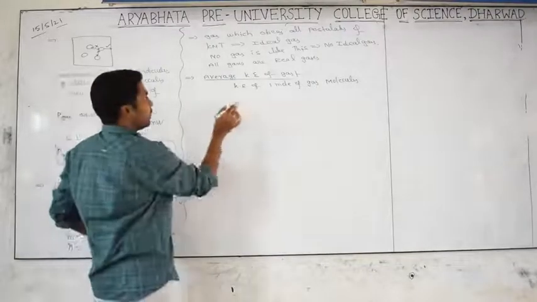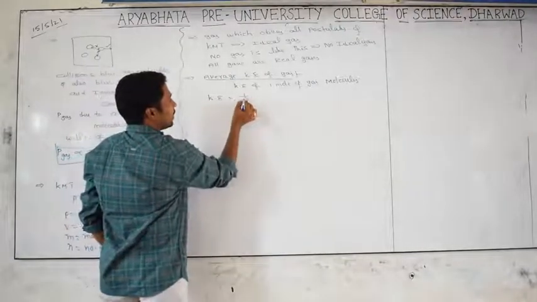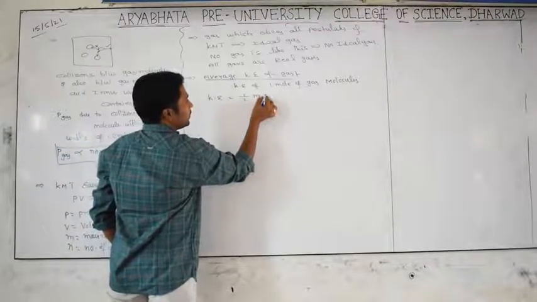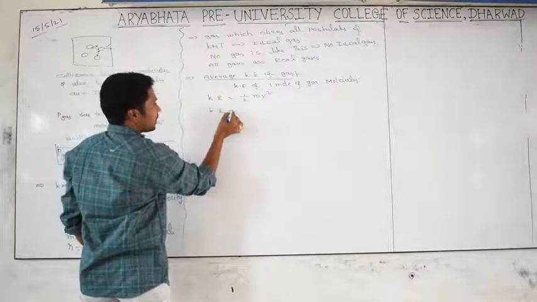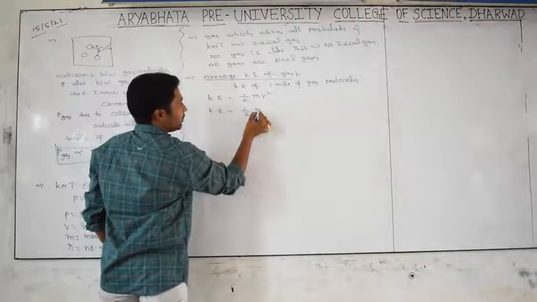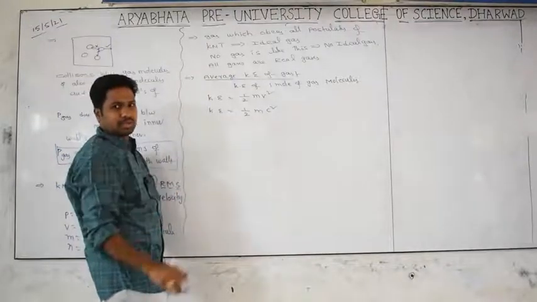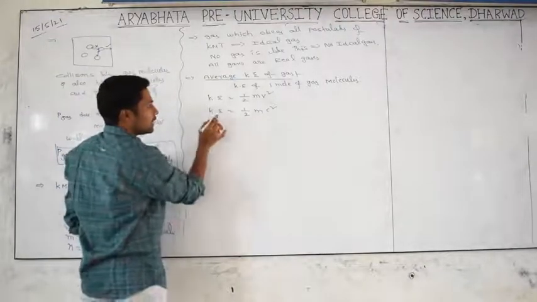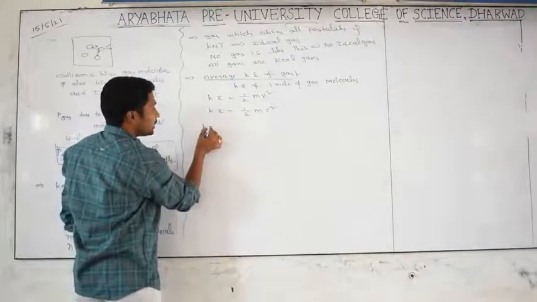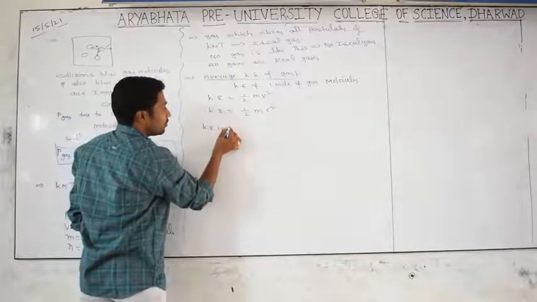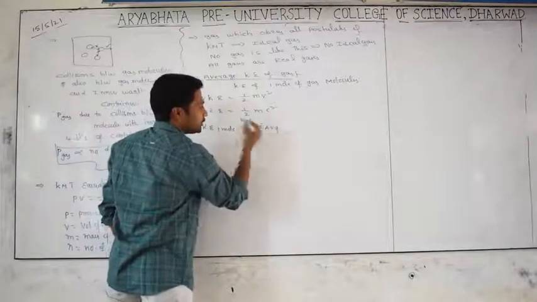First of all, generally kinetic energy means the formula half m v square. Generally applied to gas, v I am writing as c, because velocity or c, both have the same meaning. Now this is the kinetic energy of a single molecule, but I want the kinetic energy of 1 mole of the material, then only we call it average kinetic energy.